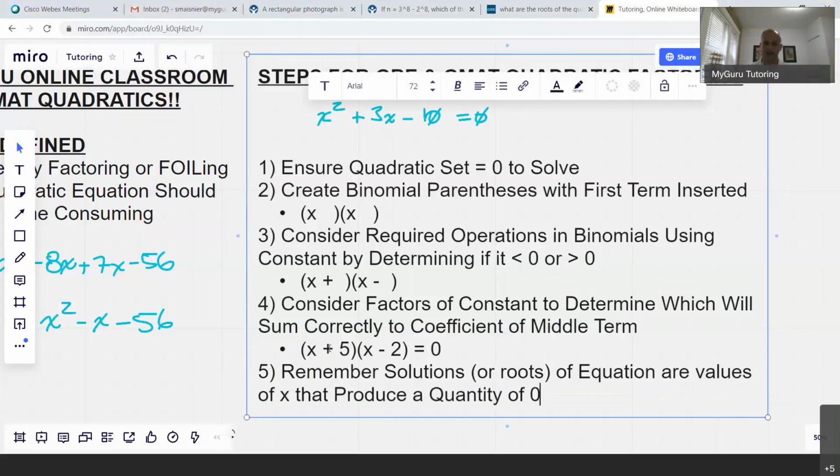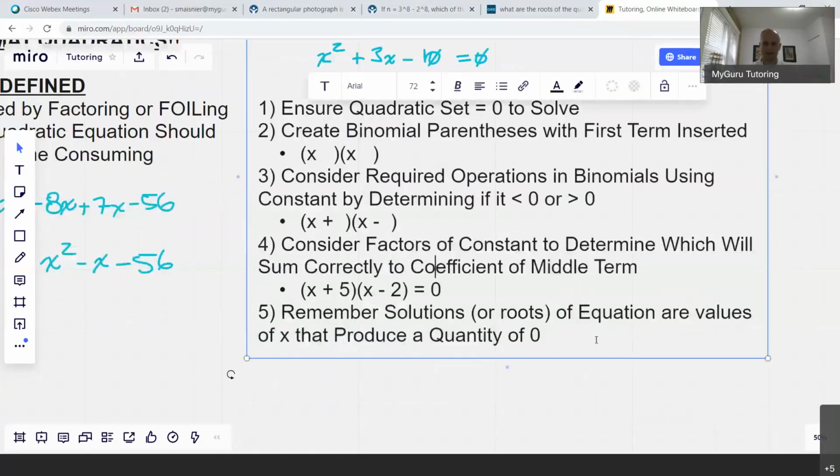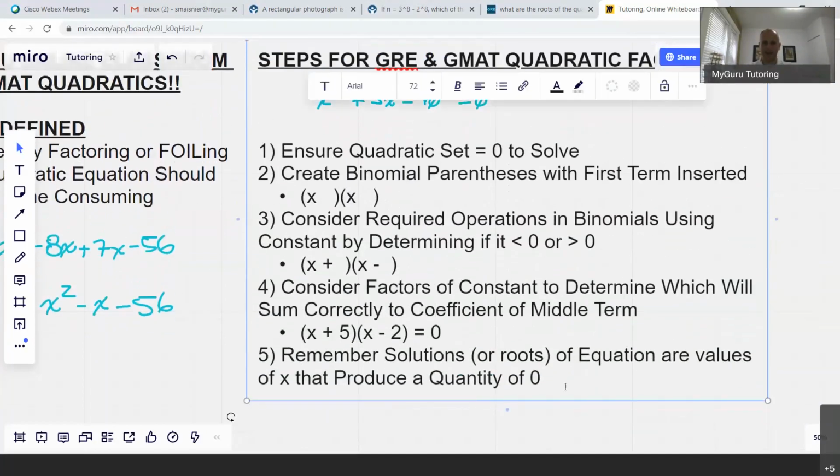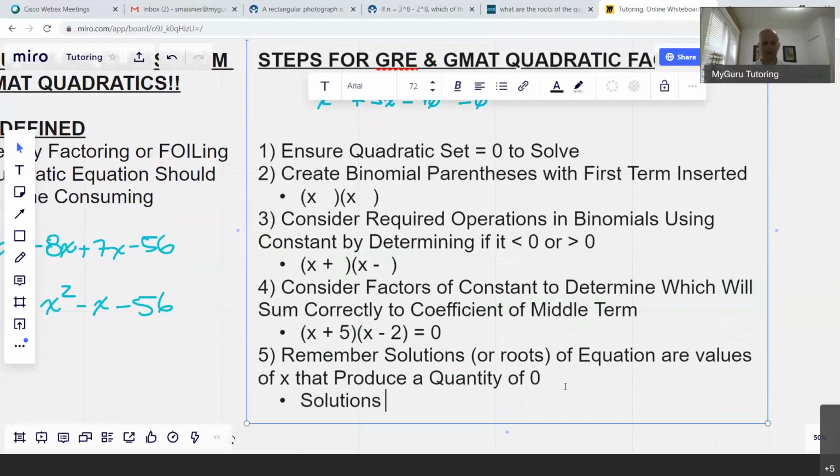So in this case, what are our roots or solutions for this quadratic? Yes, -5 and +2, because we can't forget that step. So we know that the solutions are x is equal to -5 or +2.